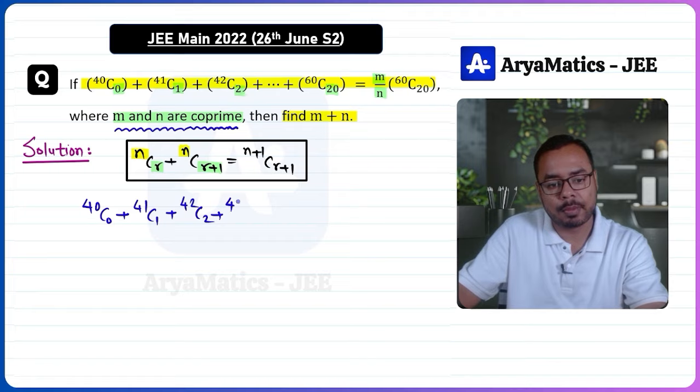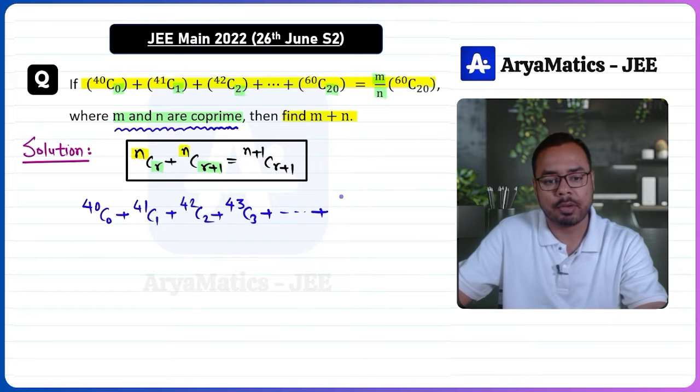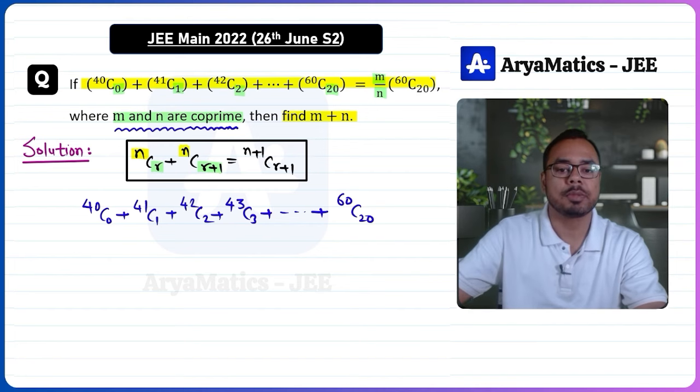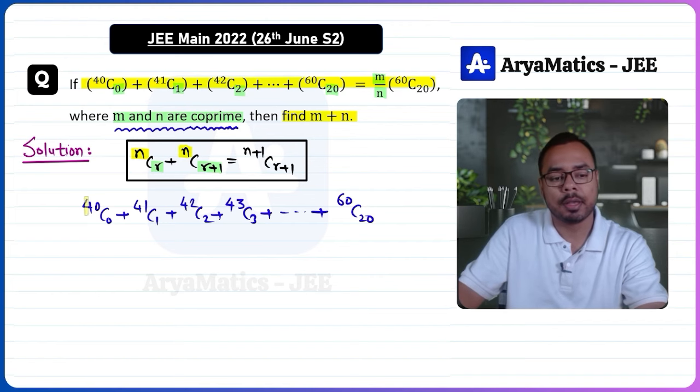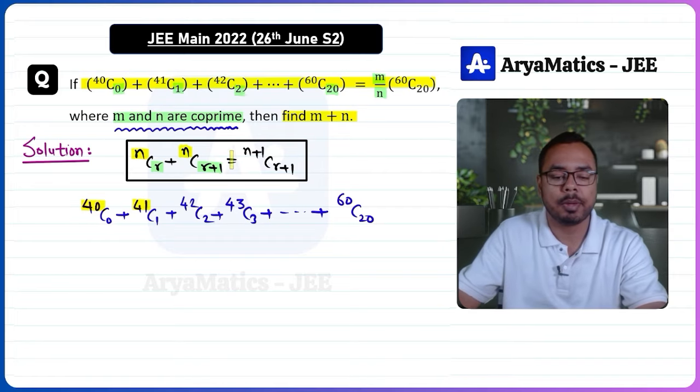I'll write a few more terms. Next will be 43C3, and in this manner it will continue up to 60C20. In order to apply this property, as I said earlier, the n must be the same. Right now one is 40C0, the other is 41C1. We have a difference of 1, one is C0, other is C1. But the n's must be the same, then only we can apply this property.